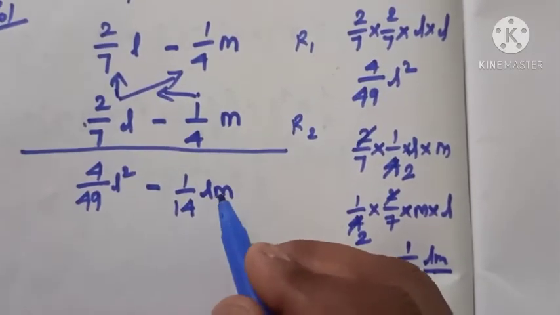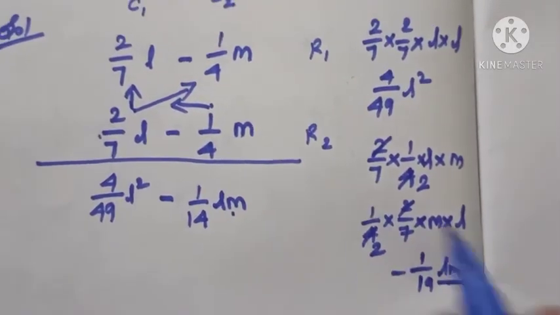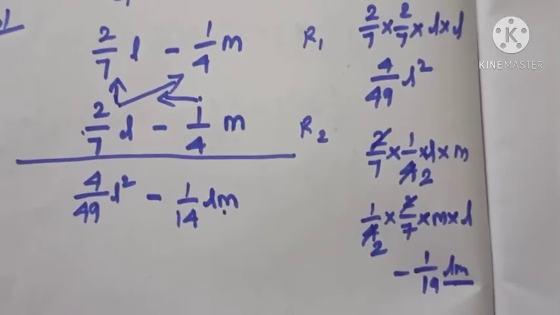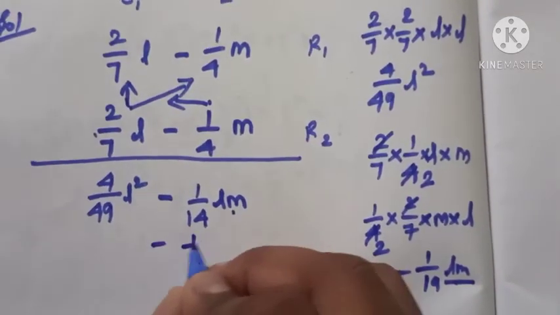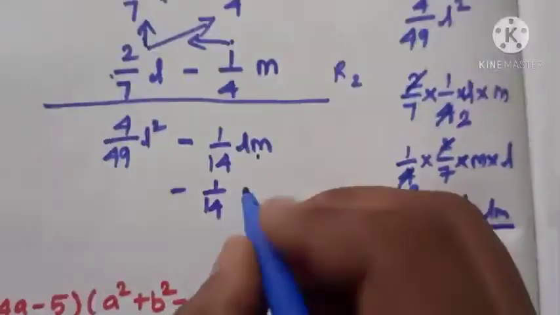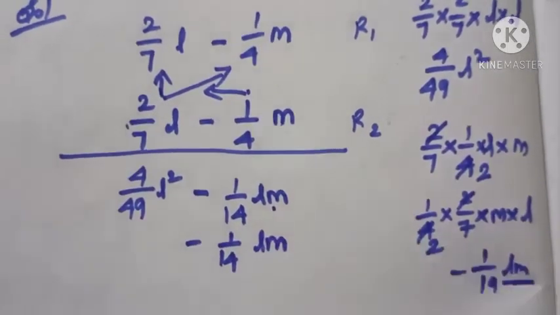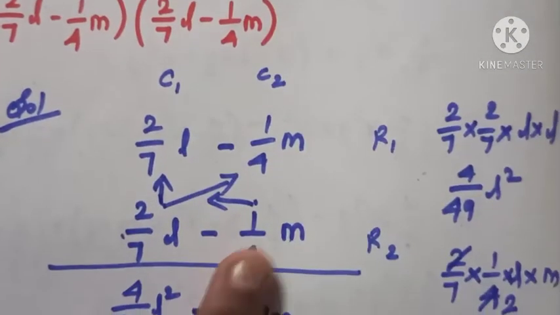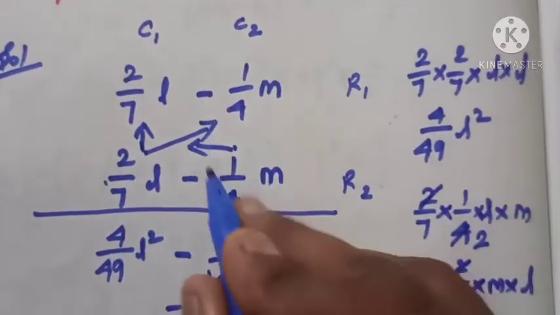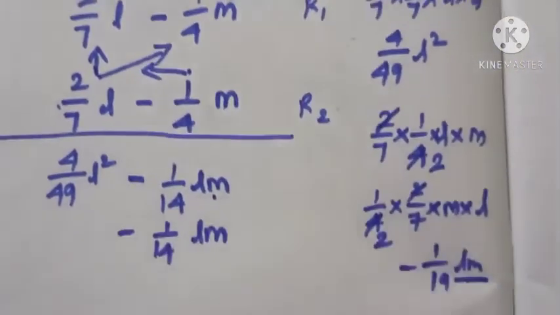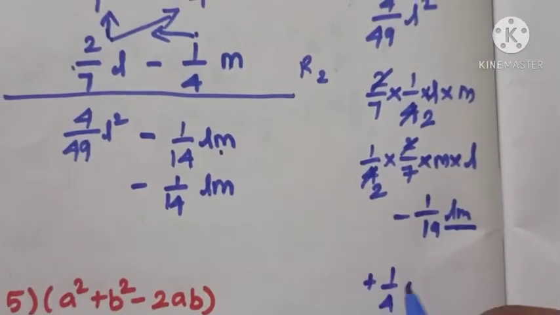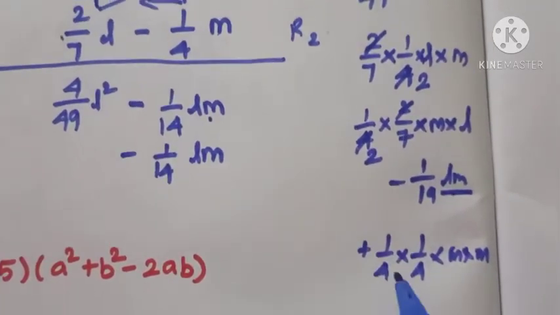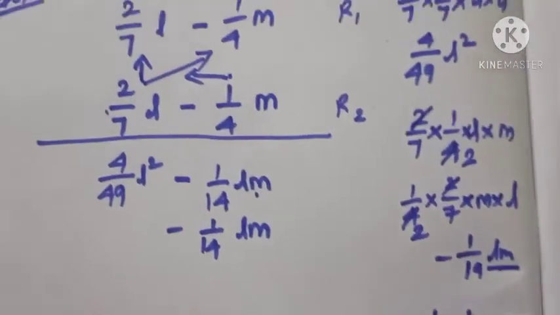So where is LM? LM is present here. You can write it below this LM, that is the column method. In the column method we need to fix like terms under like terms. So minus 1 by 14 LM as it is. And next this 1 by 4 M is multiplied with 1 by 4 M, minus into minus is plus, 1 by 4 into 1 by 4 into M into M. So what do you get? 1 by 16 M square.